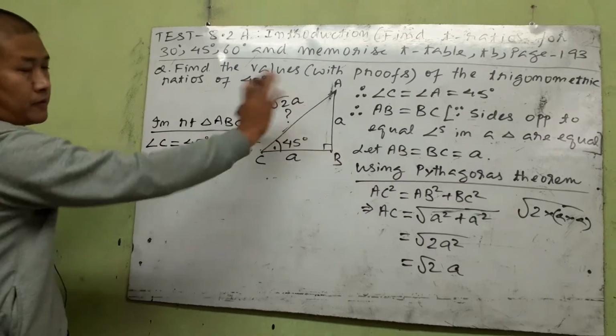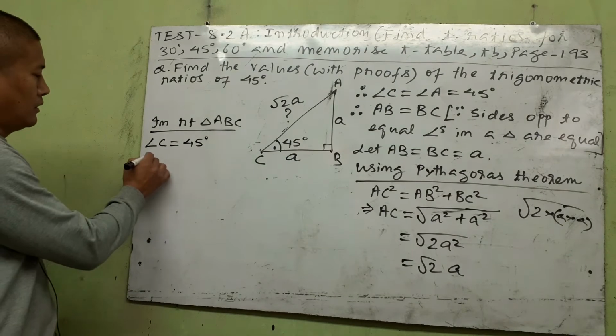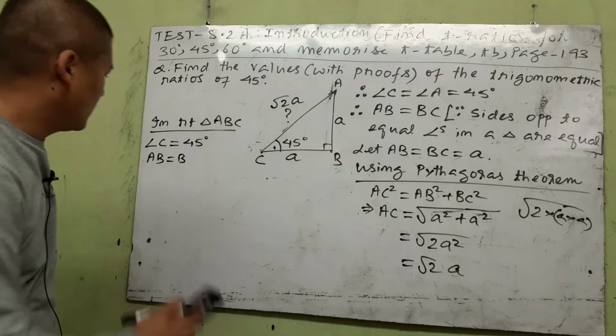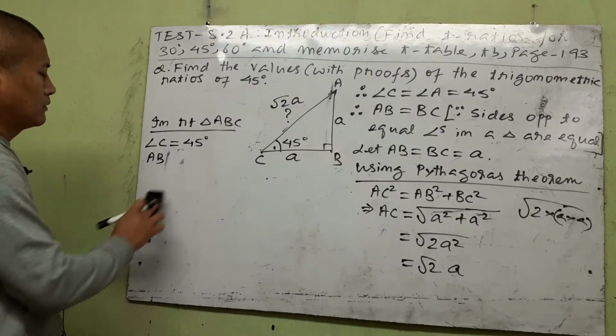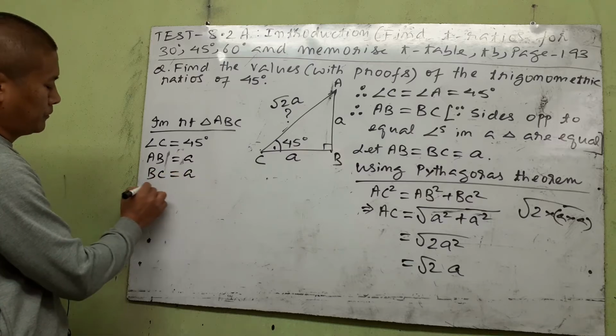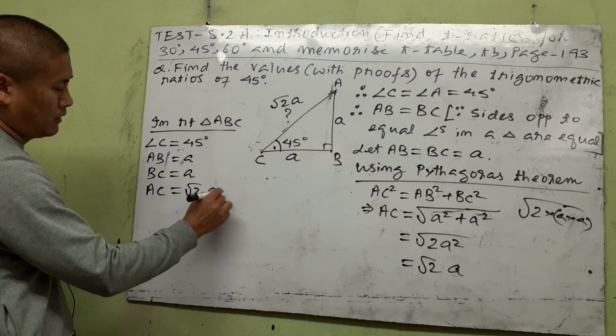A is also 45, but we'll just take C equal to 45 degree. Then AB equal to BC. I can just write here AB equal to A, we found out. We have assumed BC equal to A. And hypotenuse value we got as root 2A.